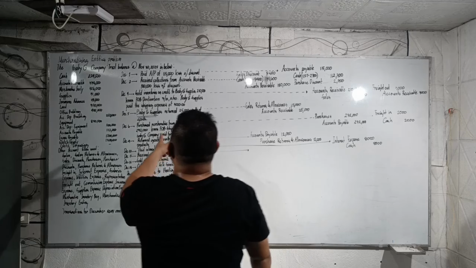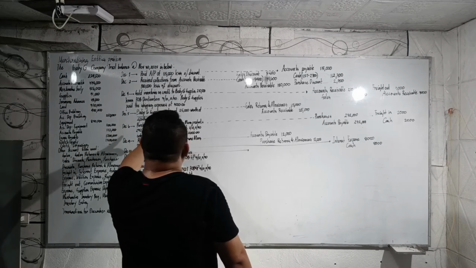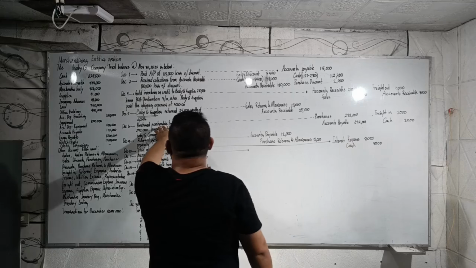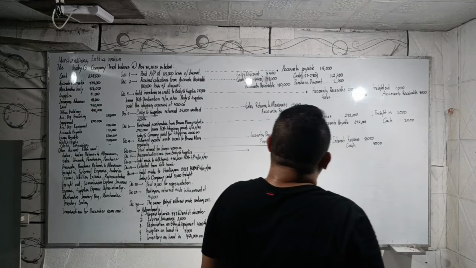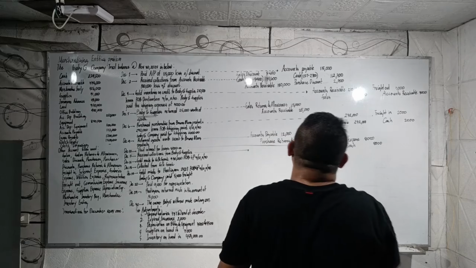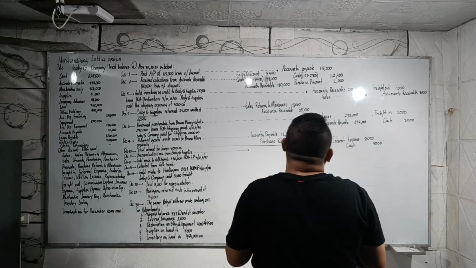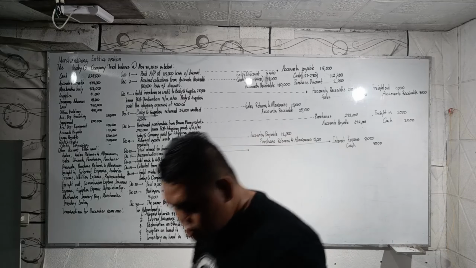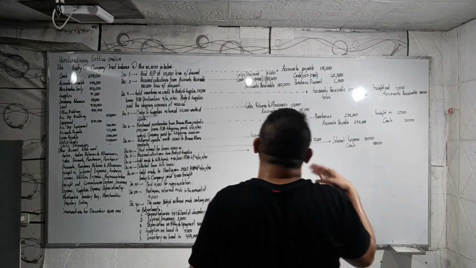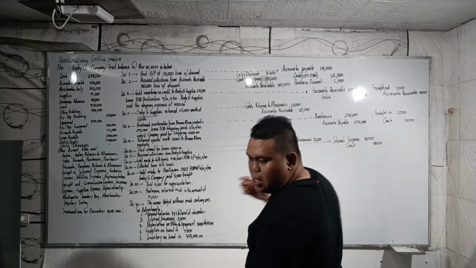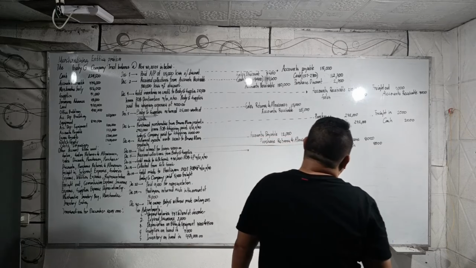Yeah. That's BBG Supplies right here. And then on December 5, BBG Supplies returned 25,000 worth of our goods. So, from selling 210,000 minus 25,000, because they returned the 25,000, we effectively sold only to BBG Supplies 185,000.